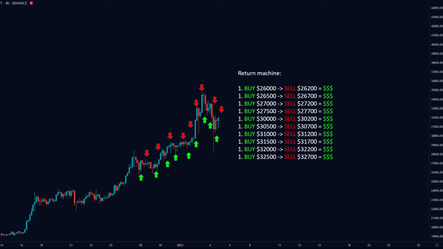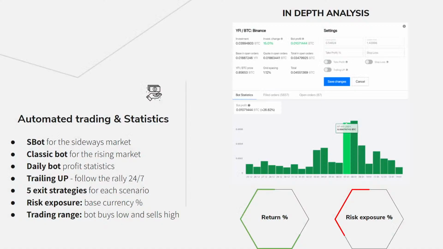Then it takes this cash out from the market to buy this crypto at a lower price, so that later it sells it at a higher price again. So this can be an everlasting process of the bot trading on your behalf as soon as the price stays within the trading range that you defined in the strategy.